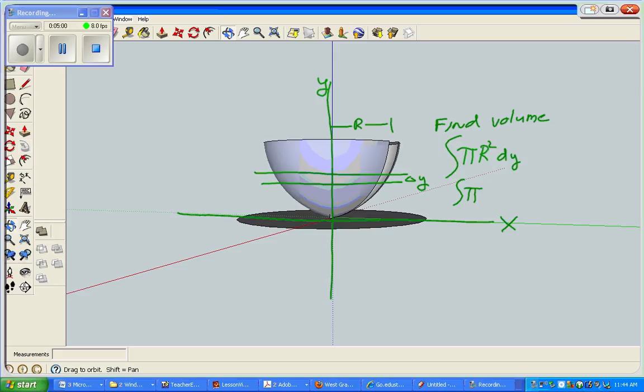We'll replace the radius with x. We're going with the dy because we're slicing along the y-axis. As long as I'm rotating around the y-axis, that's probably going to be a dy. Looking at the original equation.